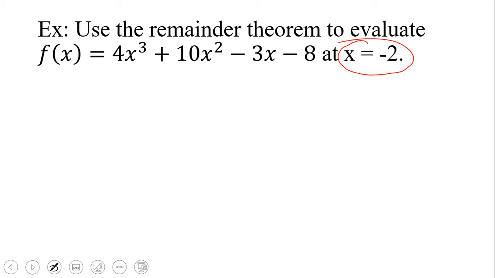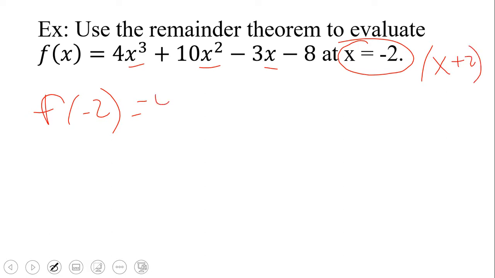So what the remainder theorem says is that if you calculate f of negative 2, which means everywhere there's an x, you put a negative 2, the answer that you get would be the remainder if you were to divide by x plus 2.